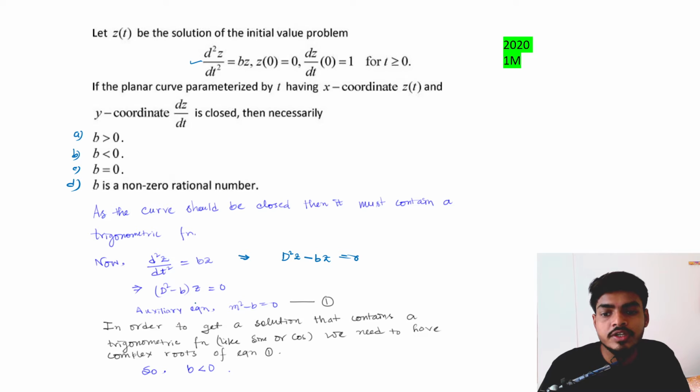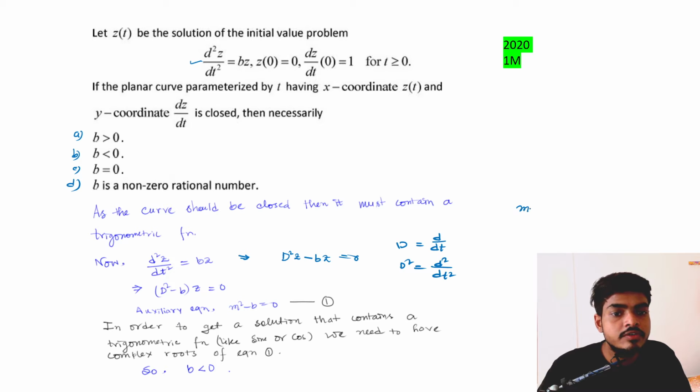So the auxiliary equation would be, replacing D by m, m squared minus b. Now for this equation, you know from last week's lecture, where we discussed how to solve the auxiliary equation.